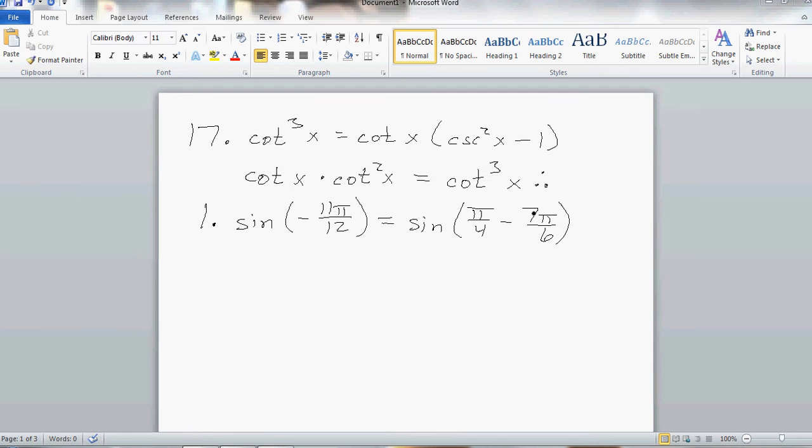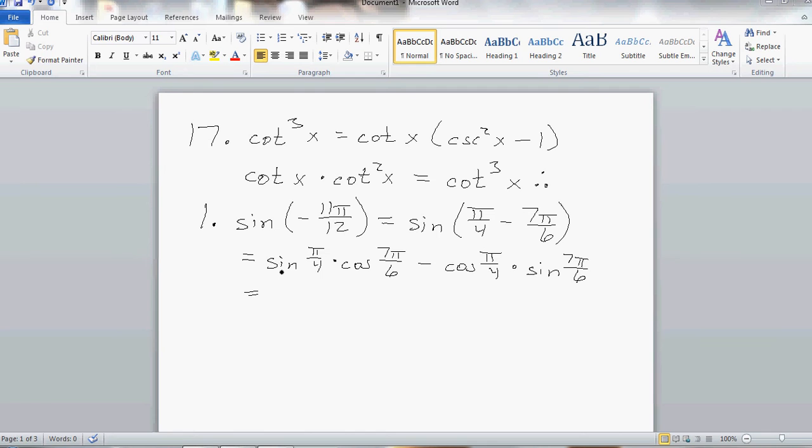And so then I can use the difference identity here. And so this would be the sine of pi over 4 times the cosine of 7 pi over 6 minus the cosine of pi over 4 times the sine of 7 pi over 6.